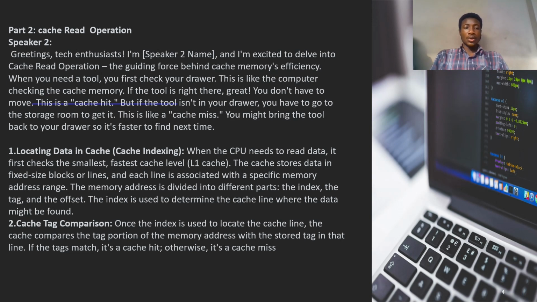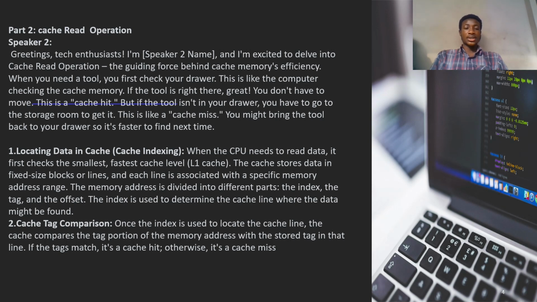We are going to look at what the cache read operation is and what makes it up. Cache read operation: the guiding force behind cache memory's efficiency. Like I said, the cache read operation is just a backup that affects how the cache works. Let's take a look at its various functions.